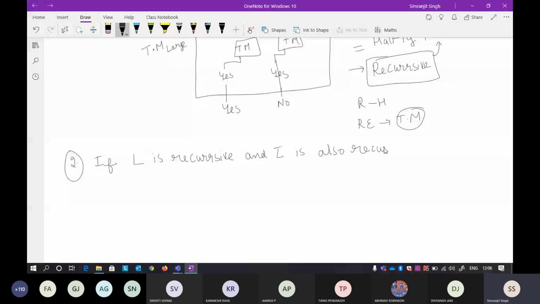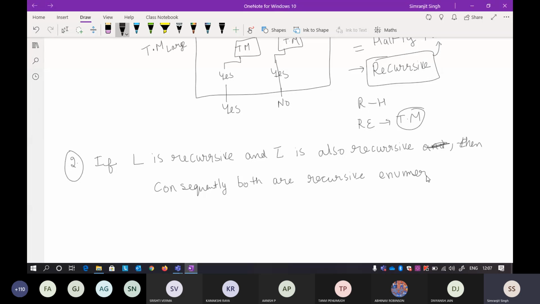If L is recursive and L dash is also recursive, consequently, just pardon the spelling, both are recursively enumerable. It is a little bit confusing statement, but it's a very easy one.